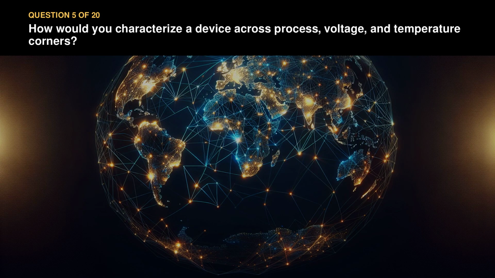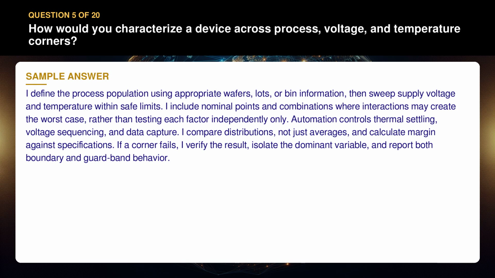Question 5. How would you characterize a device across process, voltage, and temperature corners? I define the process population using appropriate wafers, lots, or bin information, then sweep supply voltage and temperature within safe limits. I include nominal points and combinations where interactions may create the worst case, rather than testing each factor independently only.